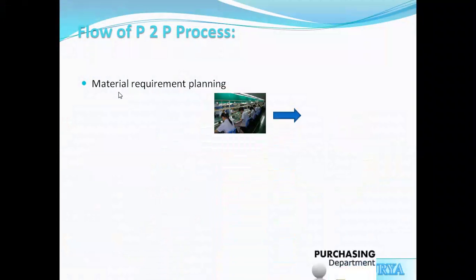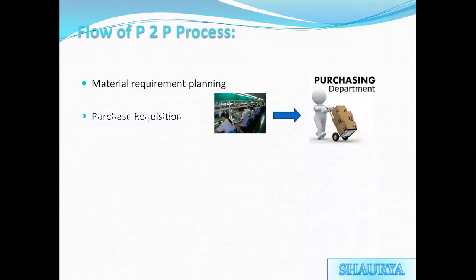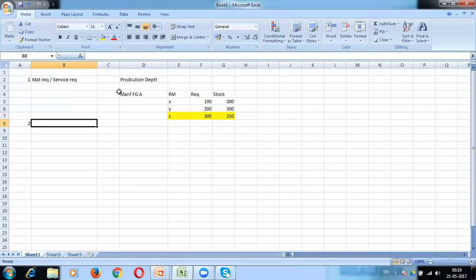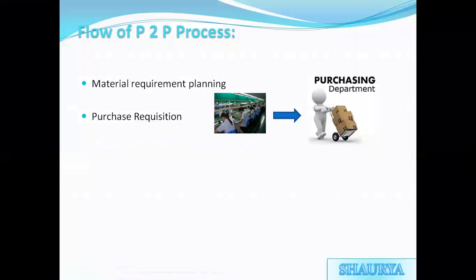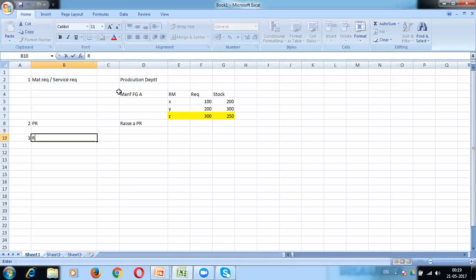So what is next? Next is purchase requisition. Now the user department is responsible to raise a PR to the purchase department. In this case, the user department will raise a PR for procuring Z material. What is next? Request for quotation.